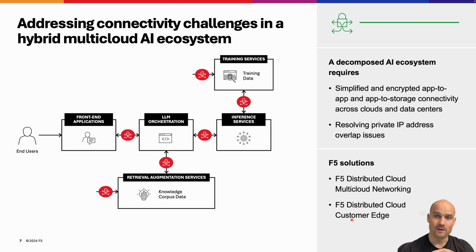We interconnect in a few minutes the different building blocks together, and we solve a lot of challenges, for instance, IP overlapping, because in POP1 and POP2, we have the same network. So I have an issue in terms of routing, we fix it. We deliver a lot of visibility, metrics, observability with the platform. So F5 Distributed Cloud multi-cloud networking is the solution to fix this challenge.